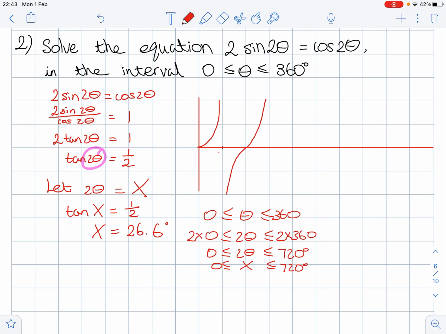So remember, it repeats every 180. This is 180. So it repeats every 180 degrees.